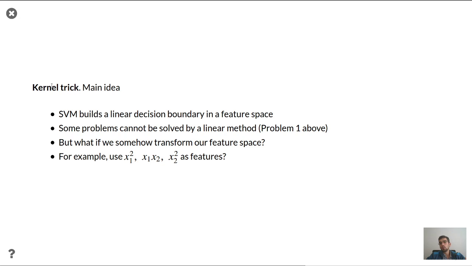But what if we create new features, for example polynomial features? Instead of the original set of features, we can use x1 squared, x1 x2, x2 squared, so just polynomials.